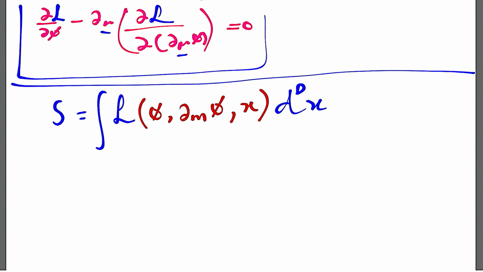Alright, so we have successfully defined action, and we can see that the Lagrangian is a function. It depends upon point-wise values of phi, the derivative of phi, and x.